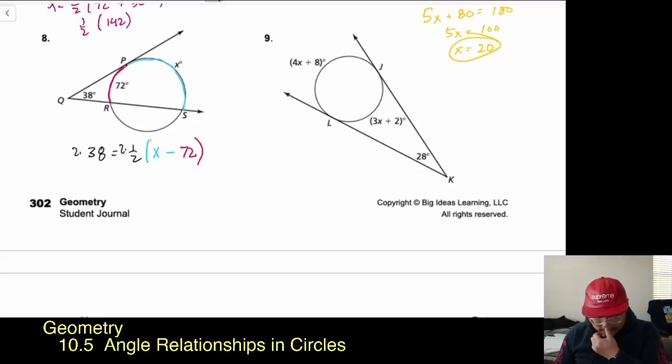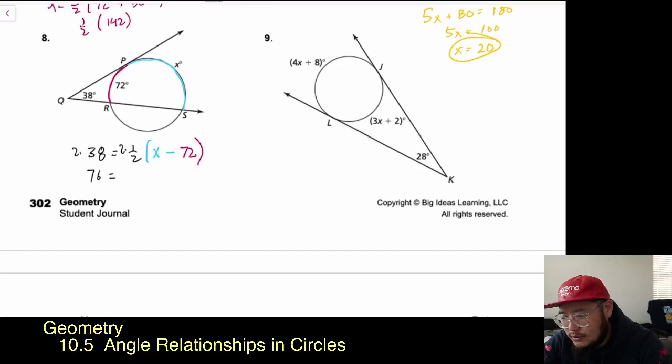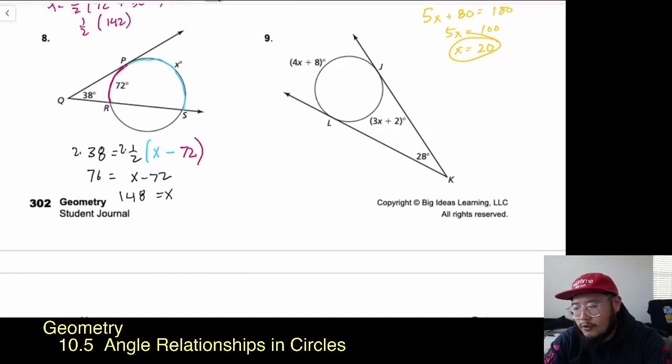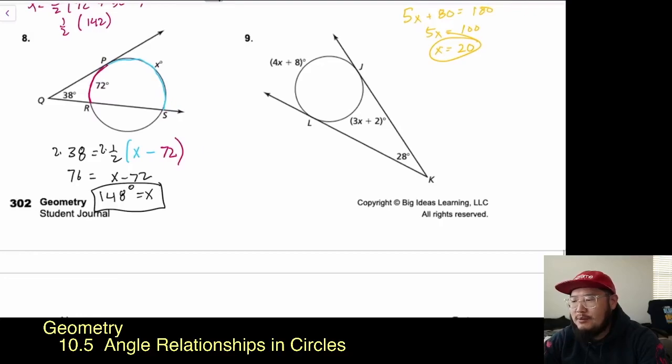So this at least hopefully reduces some of the work, and we now have 76 is equal to x minus 72. Then we add 72 to both sides, and you should have yourself 148. And right there, we just found the measure of angle x. Just like that, pretty simple.